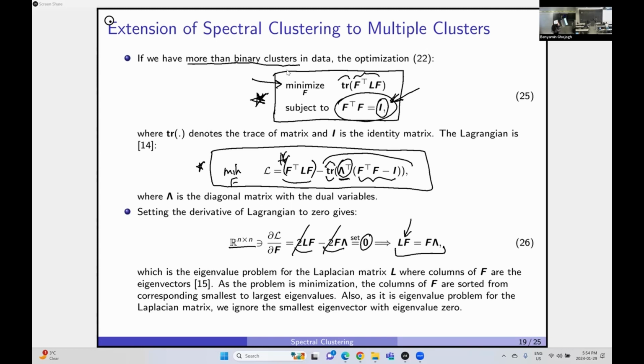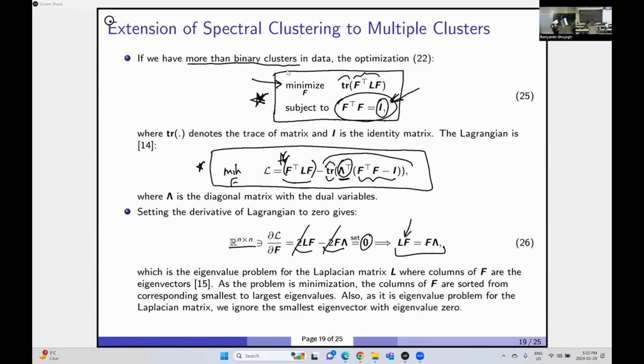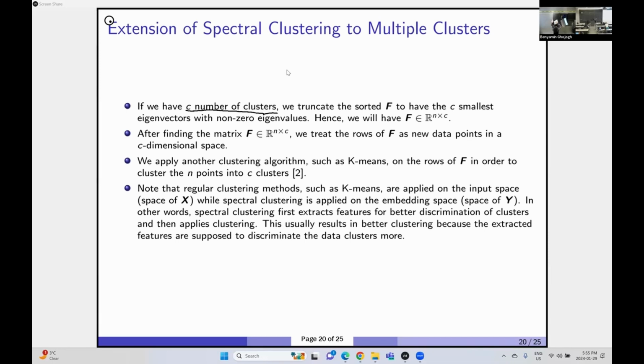Okay, now assume we have C number of clusters. So far I found the eigenvectors. Now I'm going to use them. How? If we have C number of clusters, in general C can be any integer, right? Then we truncate the sorted F to have the C smallest eigenvectors with non-zero eigenvalues. What do I mean by truncation?